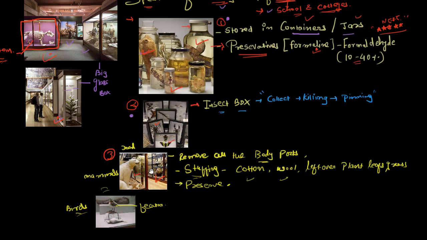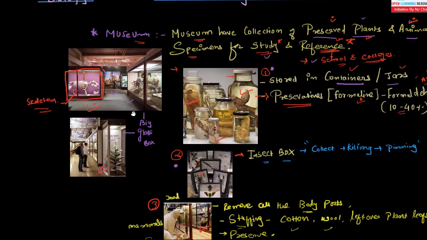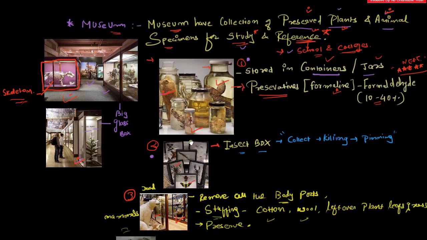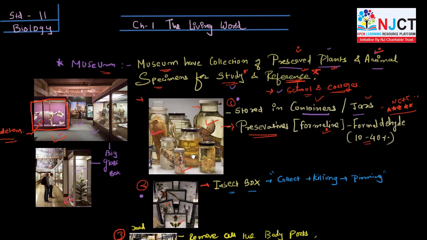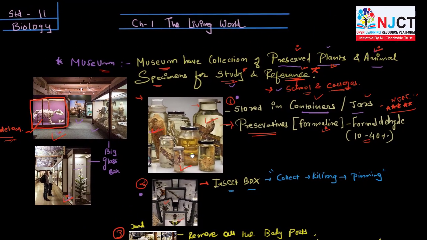Then how are you going to store mammals and birds? You are doing the stuffing, like stuffed animals. Stuffing of what? Cotton, wool, leftover plants and some grasses. And then you are preserving them in this manner. And then you can also preserve skeletons. So this is how a museum works.